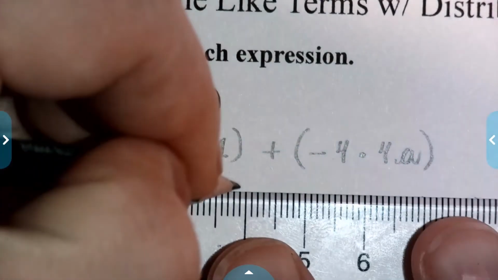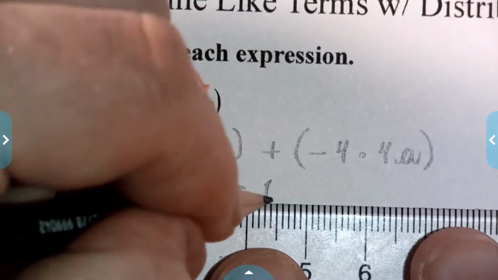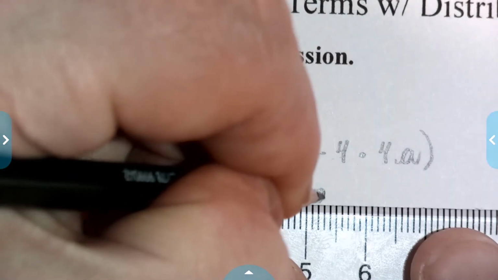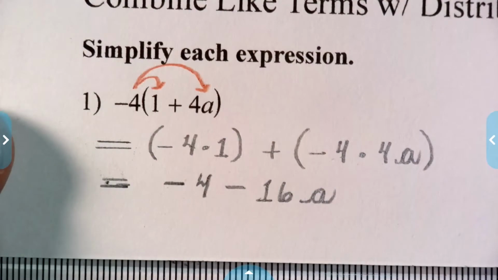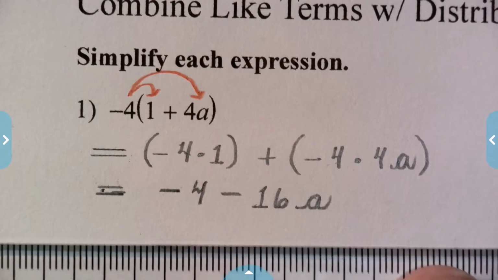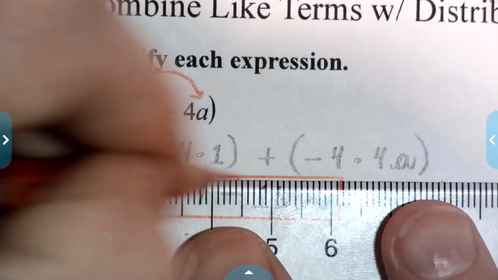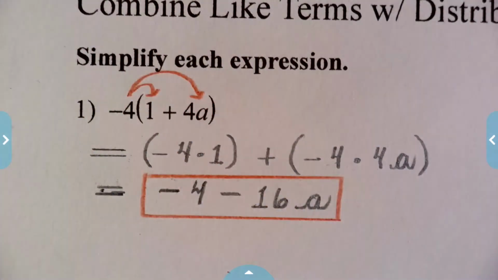So we have -4, and then if it's okay with you, I'm going to just say minus 16a. Okay, and that's it. We're going to put that in a box. And we're going to move on to number 2.